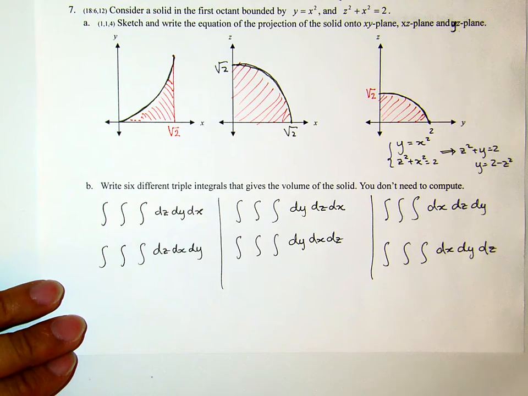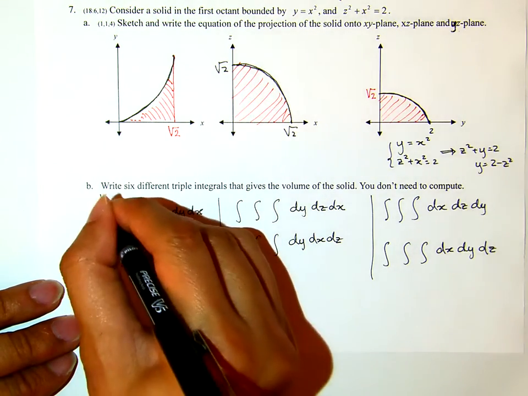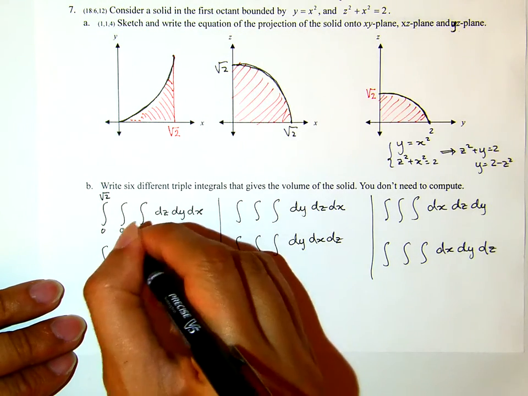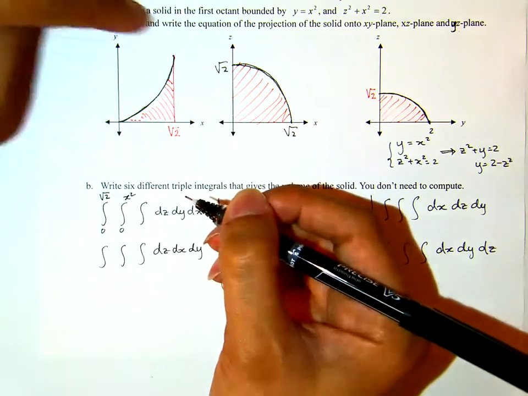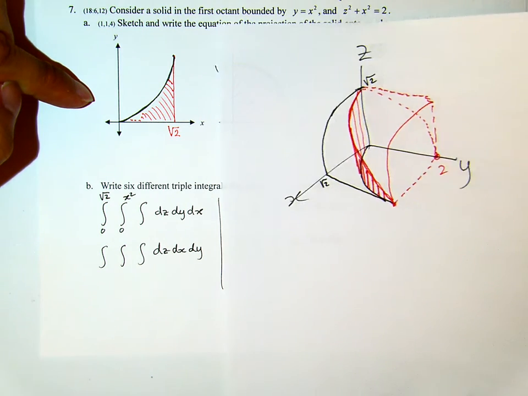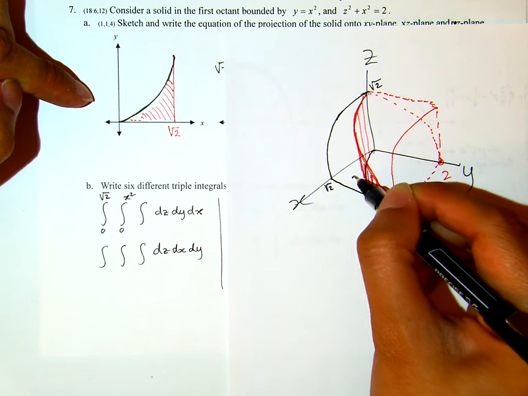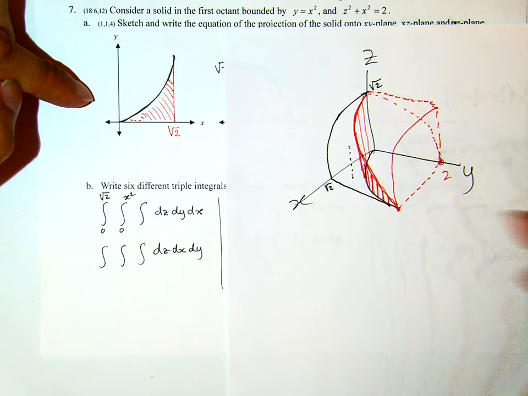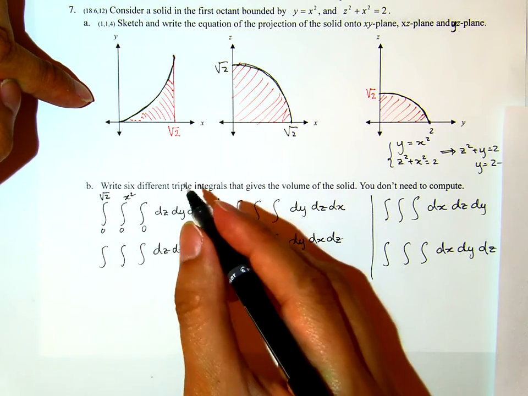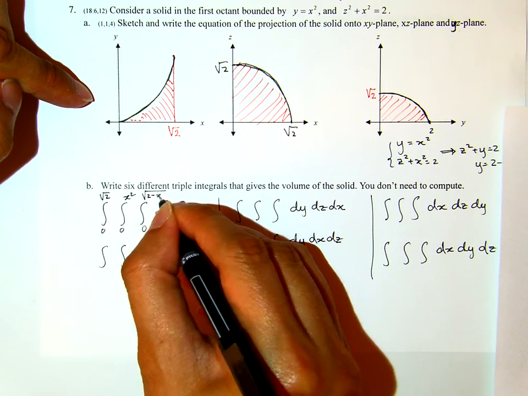Okay, now let's start from the first one. Here x will be from 0 to radical 2, y will be from 0 to x squared, right? We are looking at this one here, and the z will be, you see, if I pick a point here and I go up, I will hit the z, which is from 0 to square root of 2 minus x squared.